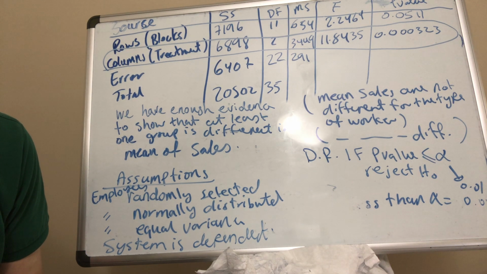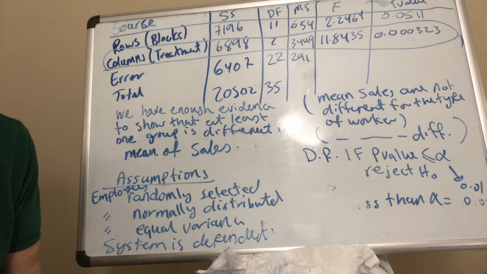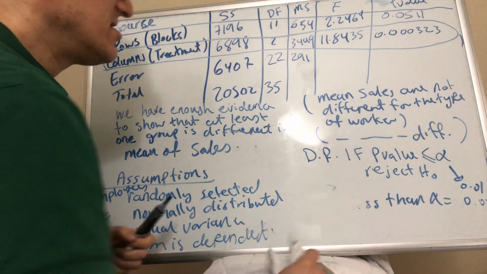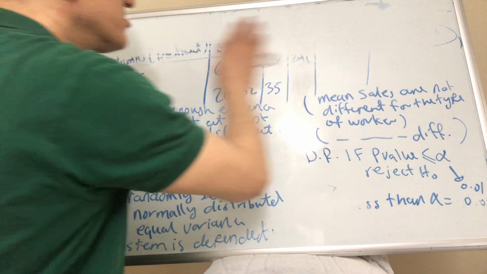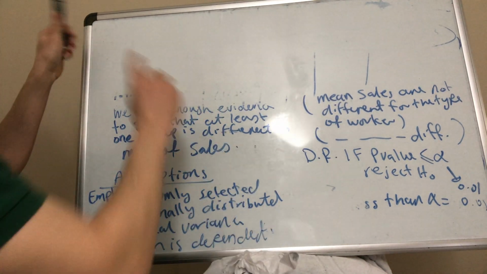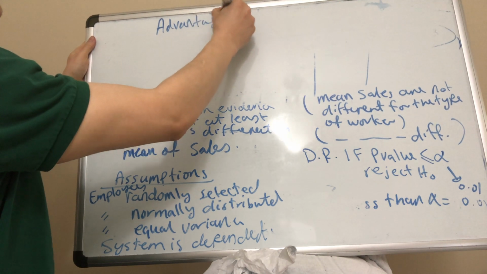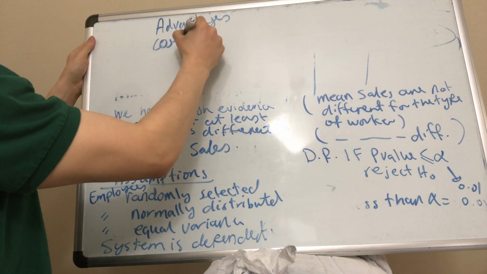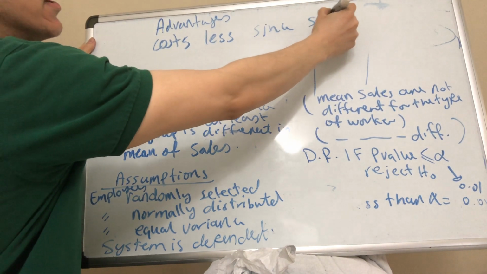They want you again to talk about the advantages, disadvantages, and basically again, advantages for dependent versus independent. Since you're doing it dependent, advantages: cost less since sample is smaller.